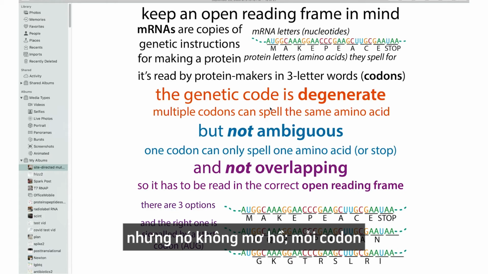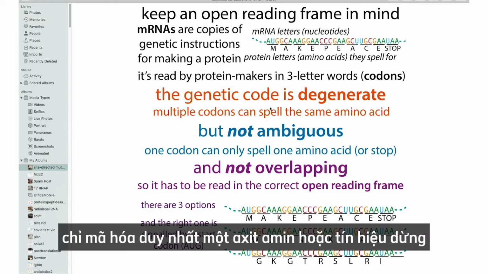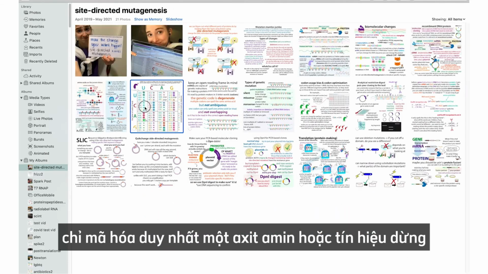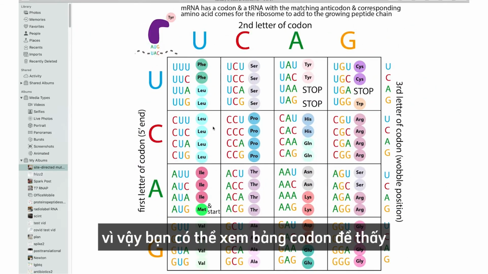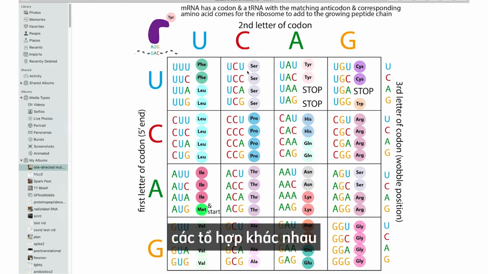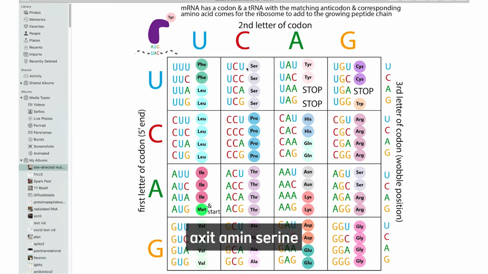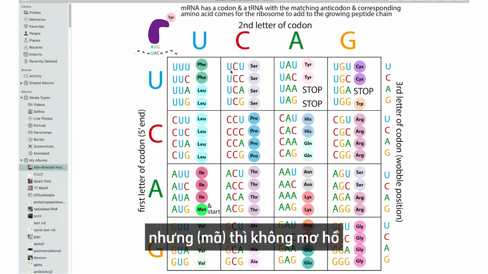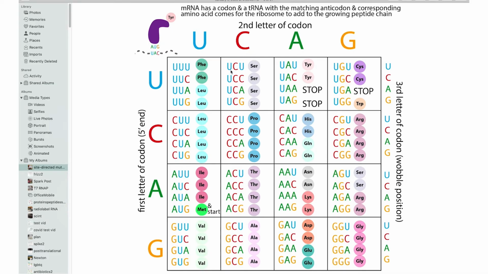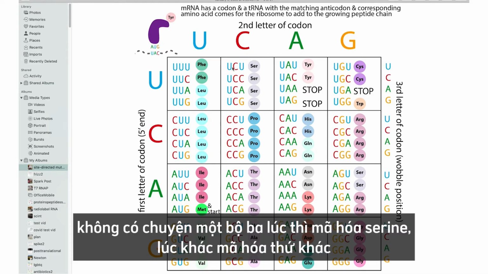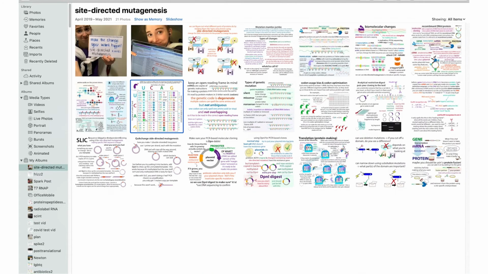A codon will only ever spell a single amino acid or stop. So you can look at a codon table to see the different three-letter combinations. You can see the degeneracy where you have all of these spelling serine, but this will always spell serine.